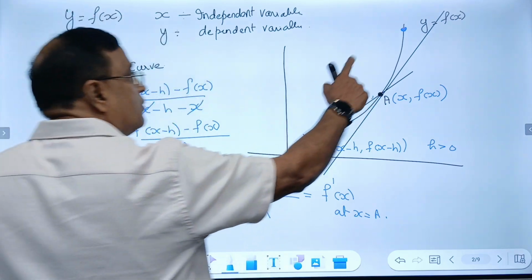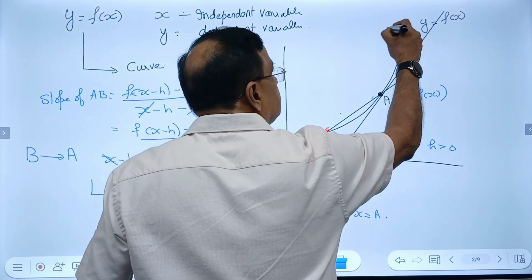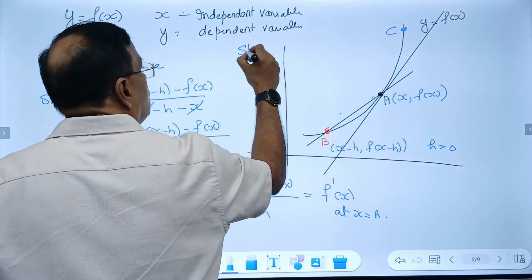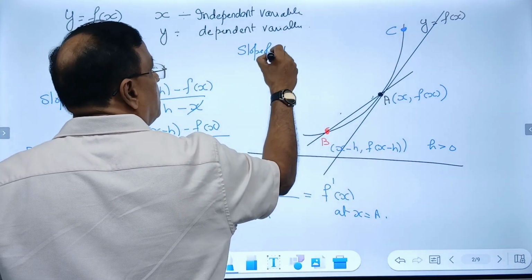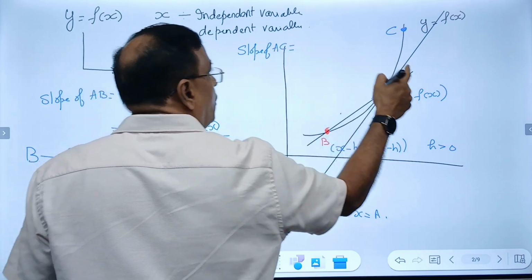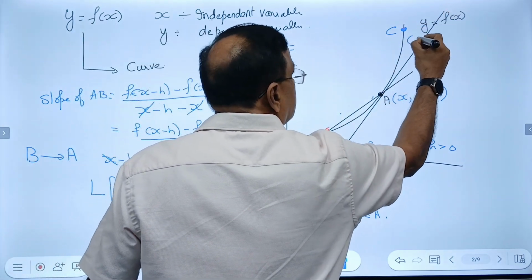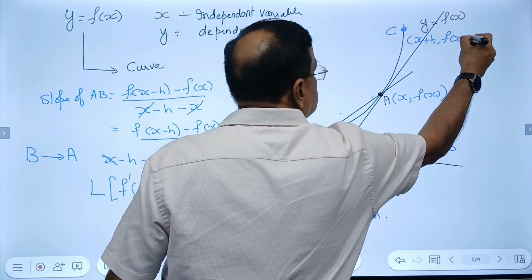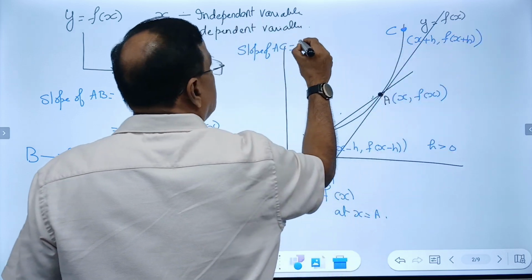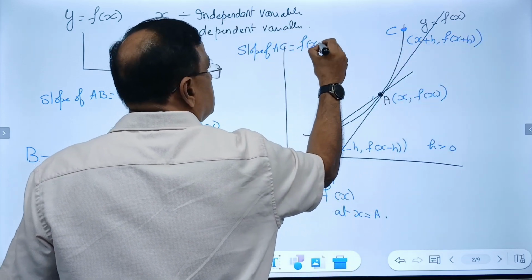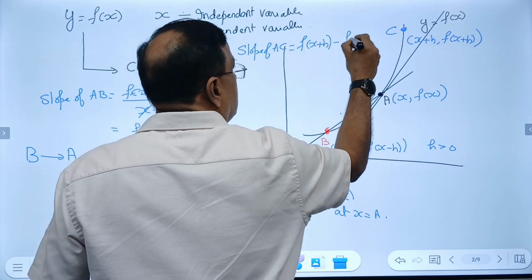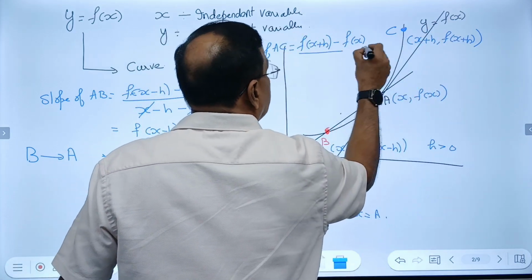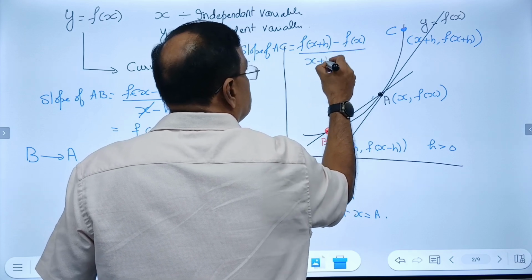Same thing happens for this point C. Now you can look at this point C. For example, what is the slope of AC? This point is x plus h comma f of x plus h. So the slope of the secant will be f of x plus h minus f of x, y2 minus y1 by x2 minus x1.